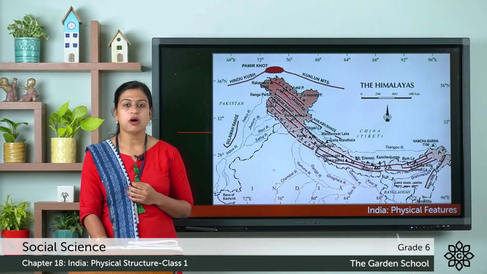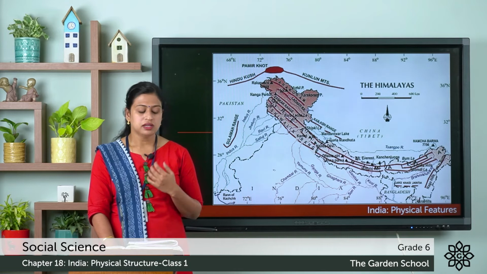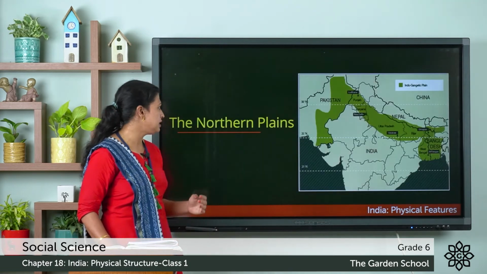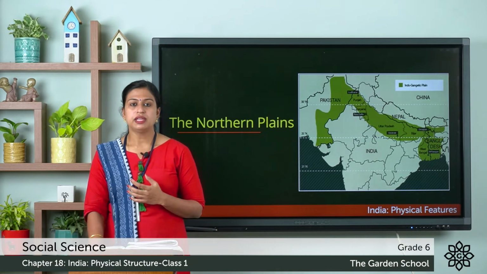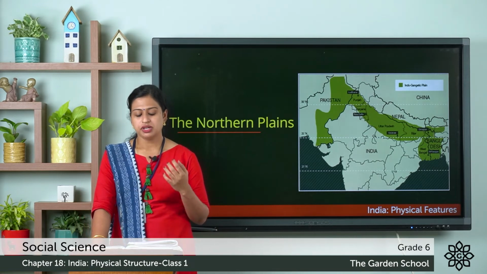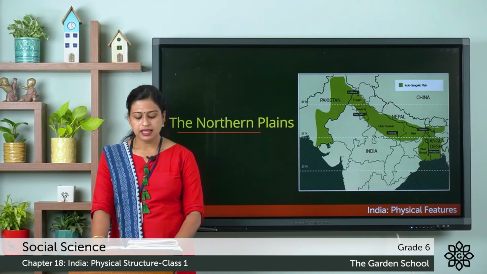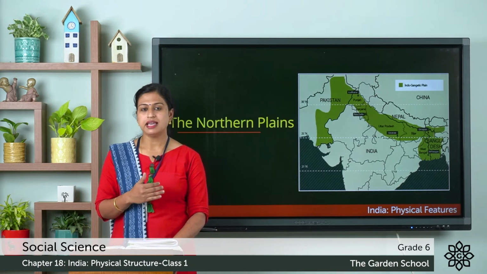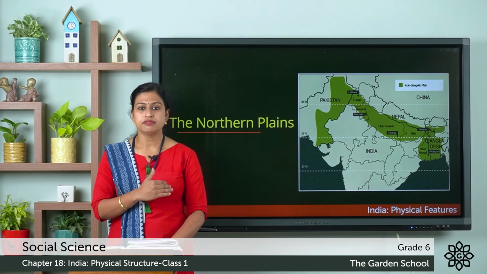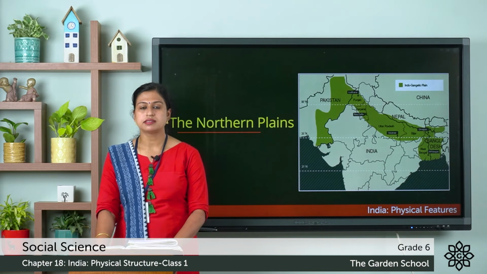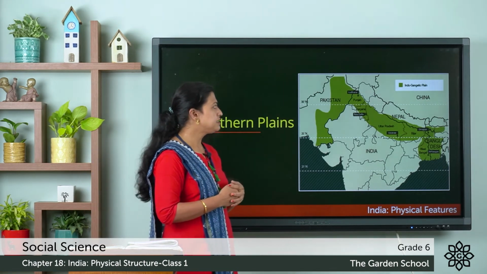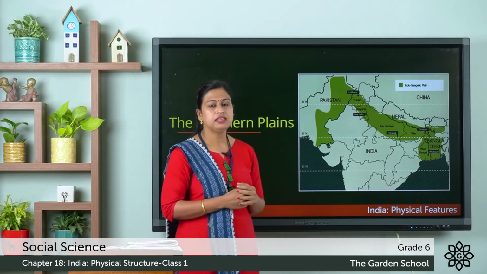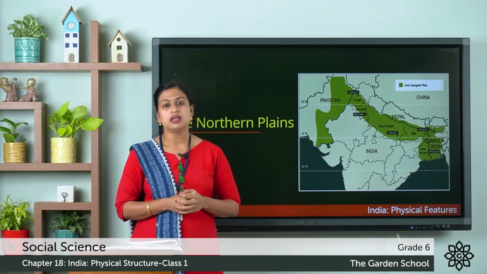So this was about the northern mountains. Now the next physical feature is the northern plains, and you all know that the plains are a large area of flat land, and the northern plain lies to the south of the foothills of the Himalayas. Here in the map you can see that the northern plains stretch from Punjab in the west to Assam in the east.